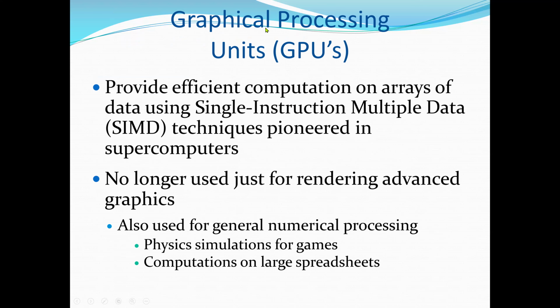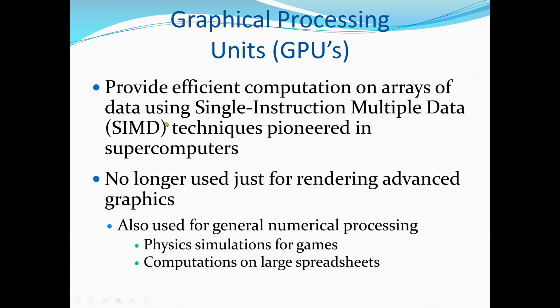The next is our graphical processing unit. A graphical processing unit is also a central processing unit, but it's more powerful. Here it provides efficient computation on arrays of data using single instruction, multiple data techniques, pioneered in supercomputers. So it's faster than our conventional central processing units.